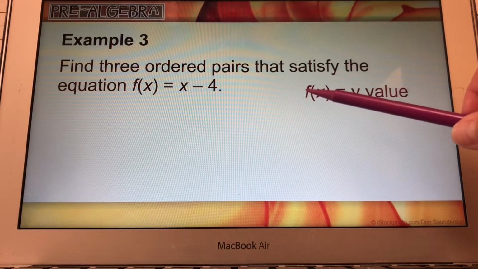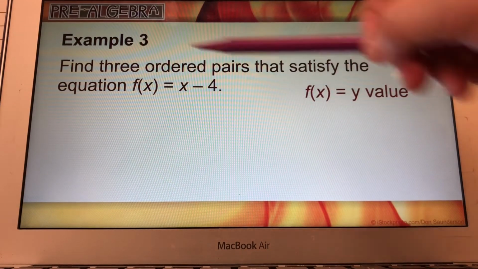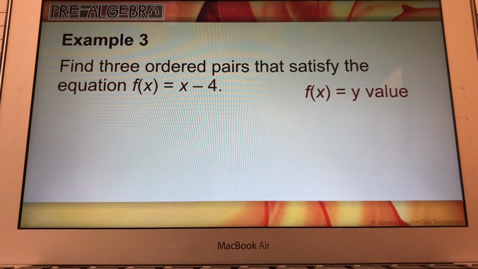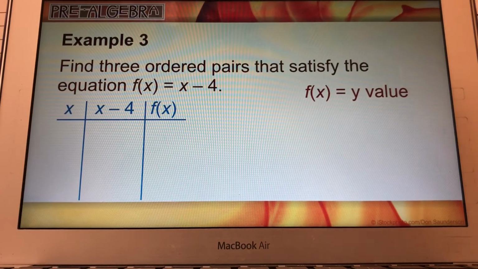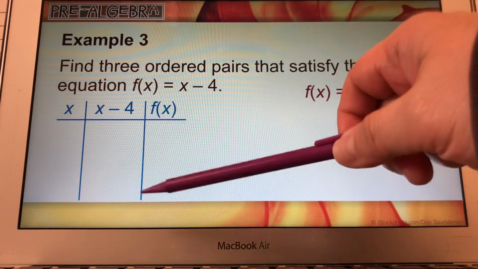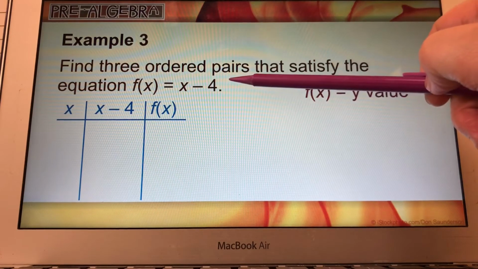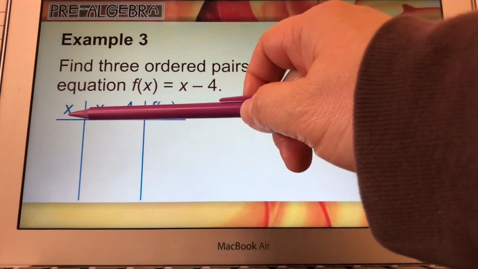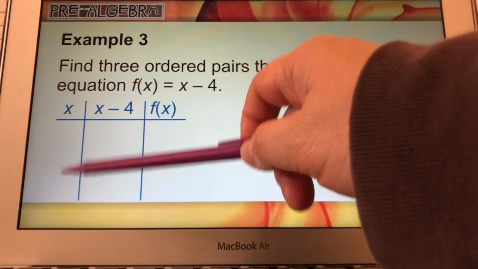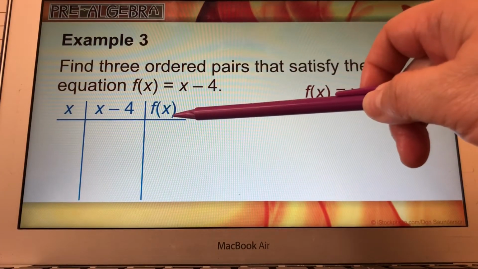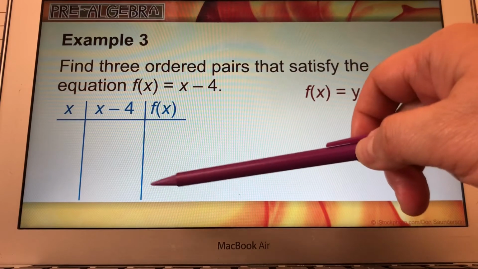Well, f means the function of x. So this is called a function, all right? Now, you would make a chart for this function and find 3 ordered pairs, okay? That means you're going to select 3 values for x, plug it into the equation, and then find your f of x value, okay?